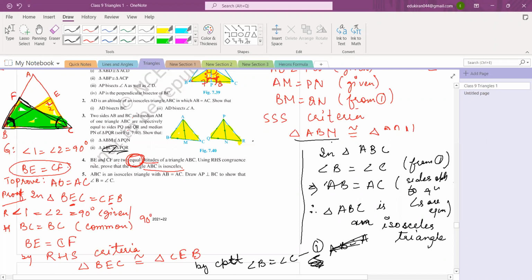Okay, last question of this exercise. Well, last question is very easy. I'm done.